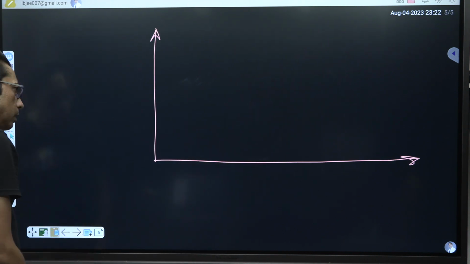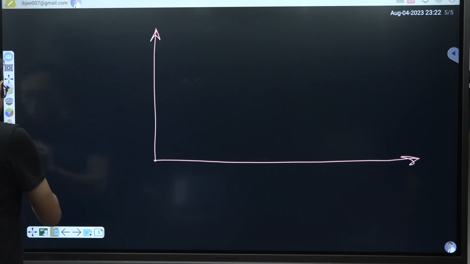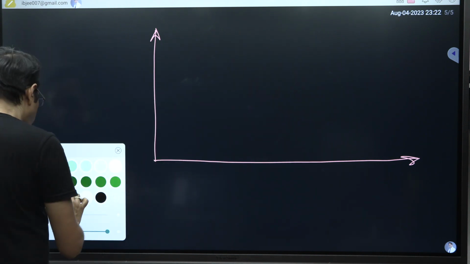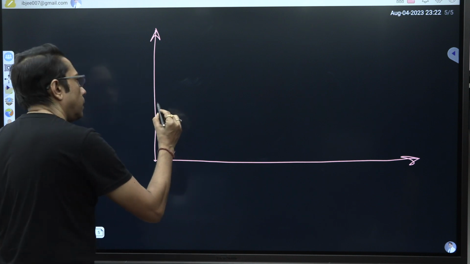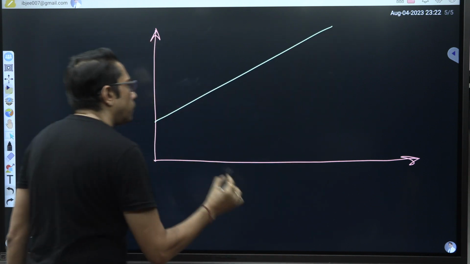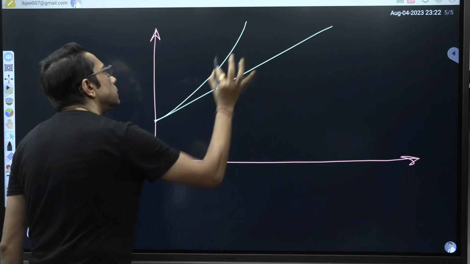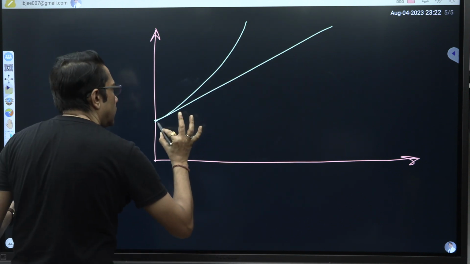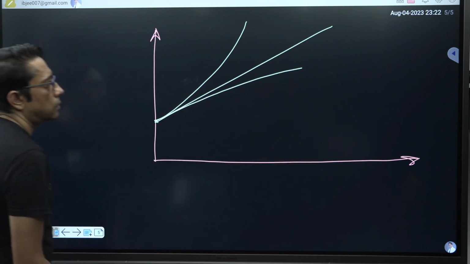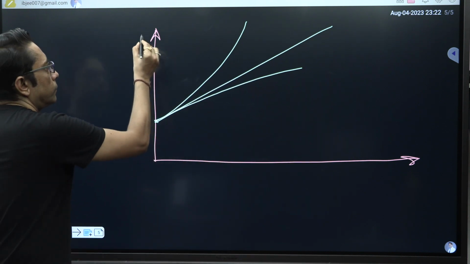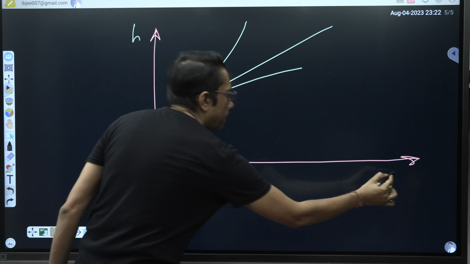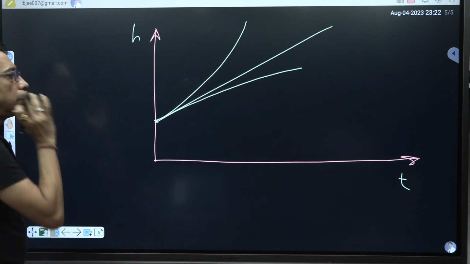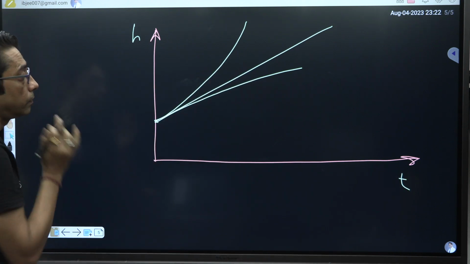Now, what about this? If I draw this graph, this graph, this graph, I mean, the last one a little like this graph. H and T, height versus time.